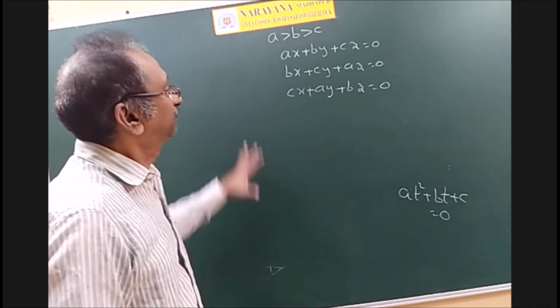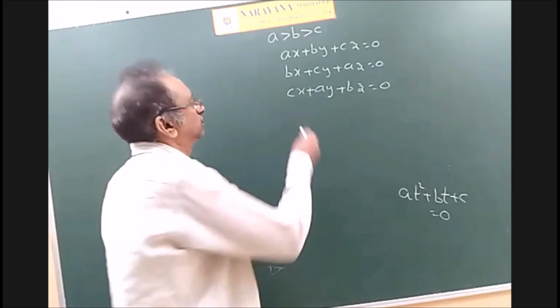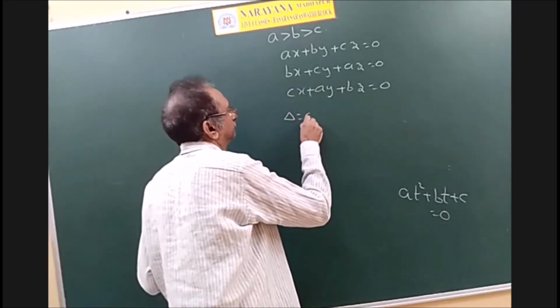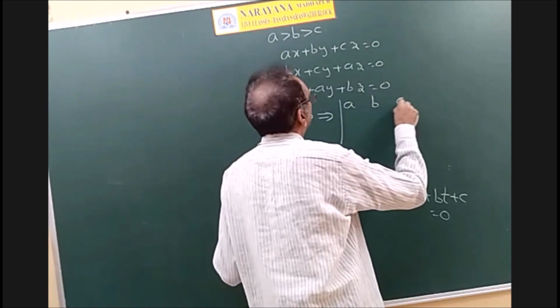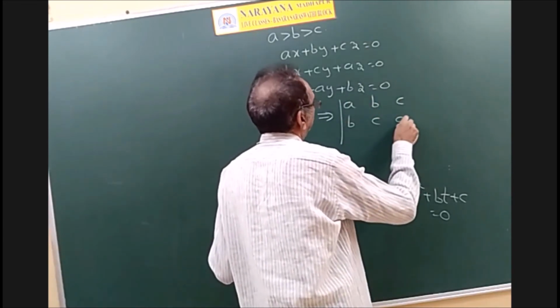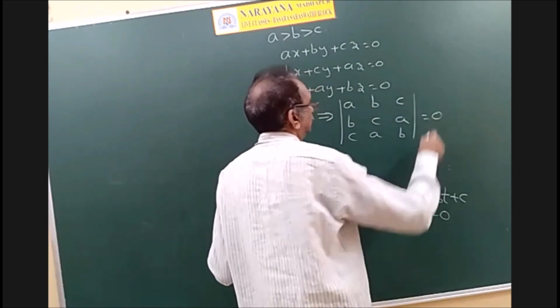Okay. So infinitely many solutions means the procedure is same. Delta must be equal to 0. So the determinant with rows a b c, b c a, c a b is equal to 0.